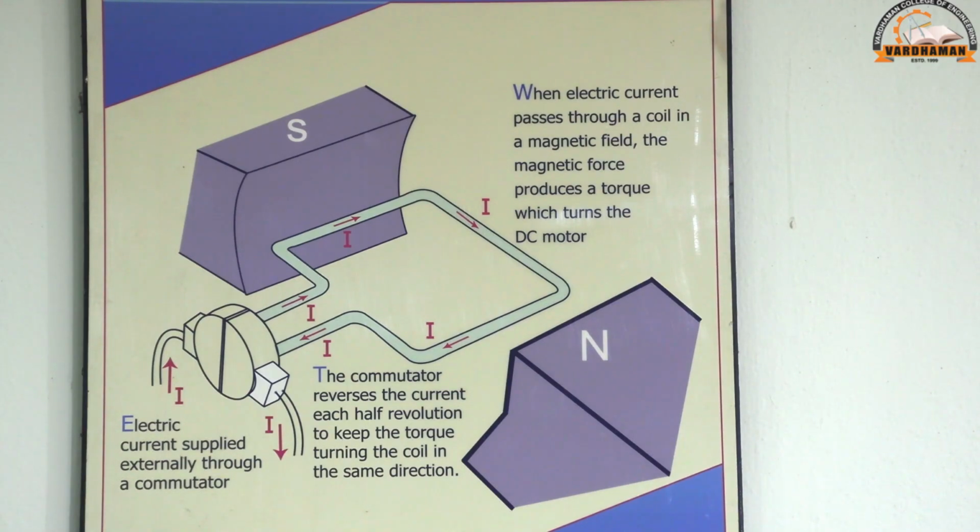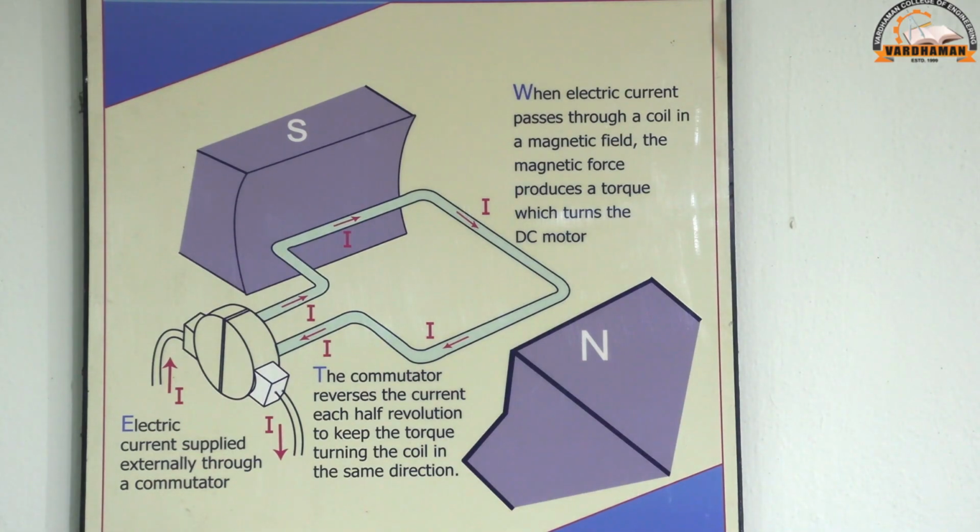But in a permanent magnet, the flux flowing from North Pole to South Pole is always constant. Neither can it be decreased nor increased. The advantage of electromagnets is that by controlling the field flux, you can increase the speed of the motor.